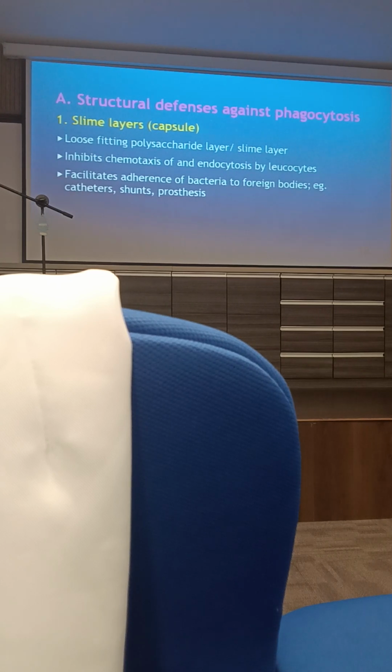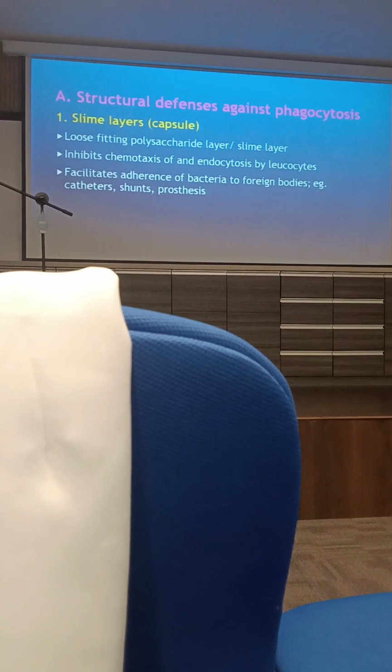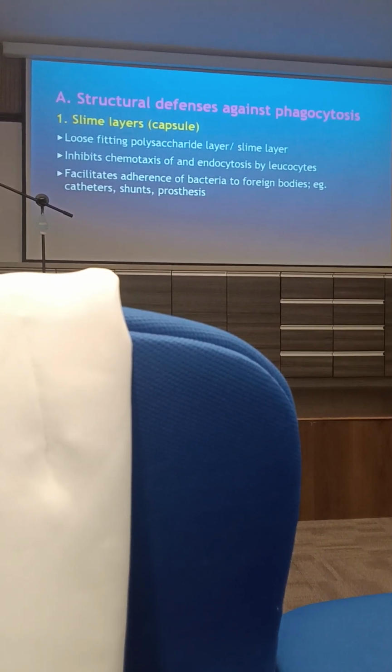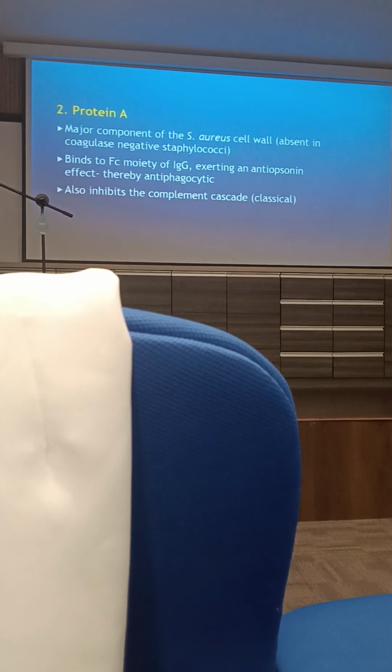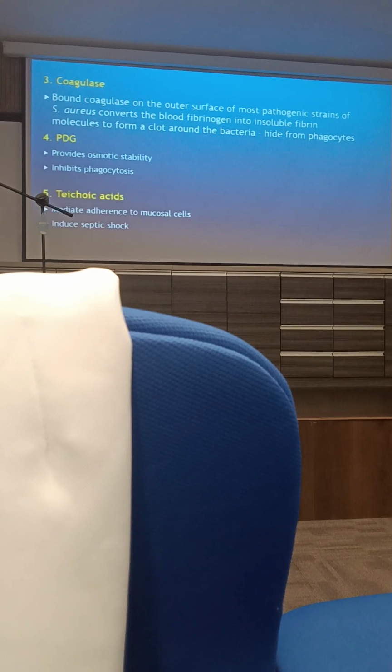I'm not going to repeat all this, we have seen this in the pathogenicity lecture, but it's important for you to remember what Staph aureus has. It can have capsule, protein A, coagulase, peptidoglycan, teichoic acids. Coagulase, as I mentioned earlier, converts the blood fibrinogen into fibrin to form a clot.